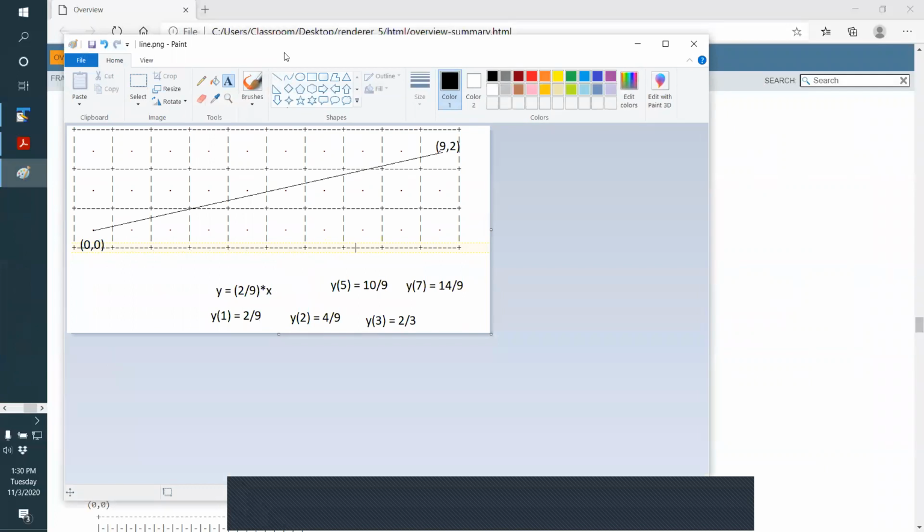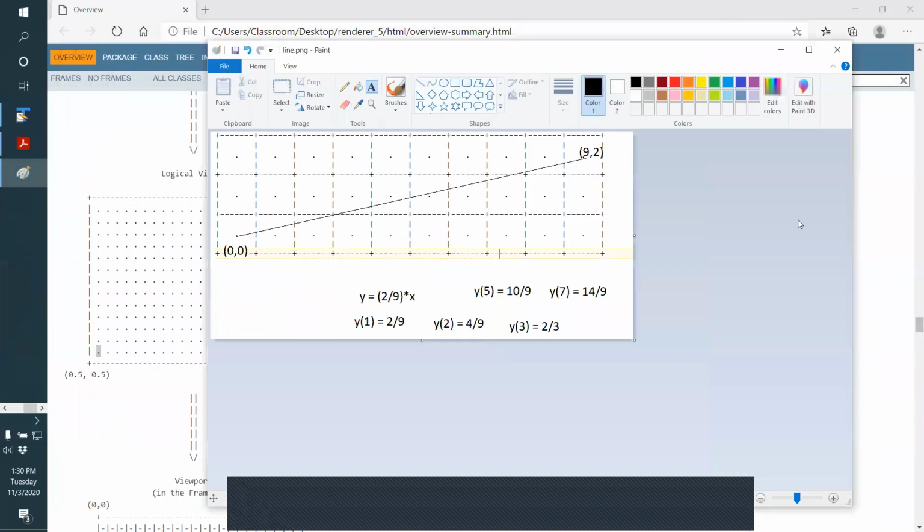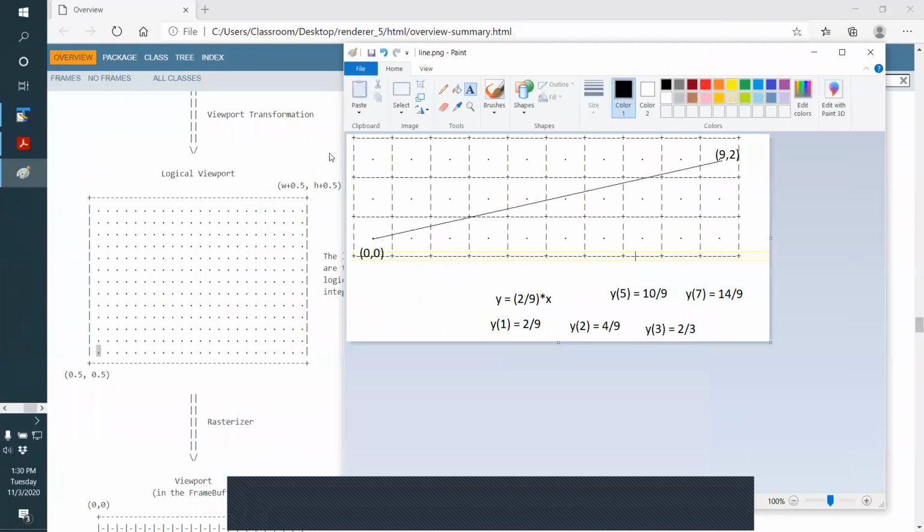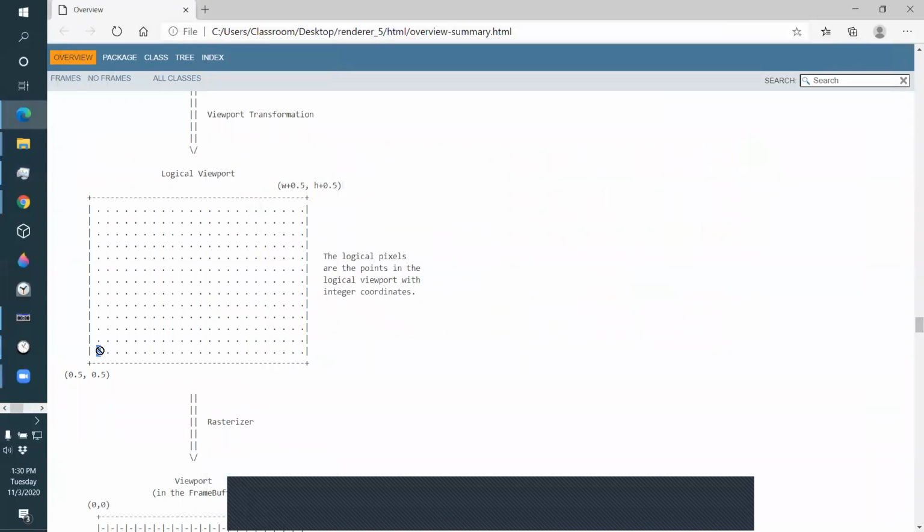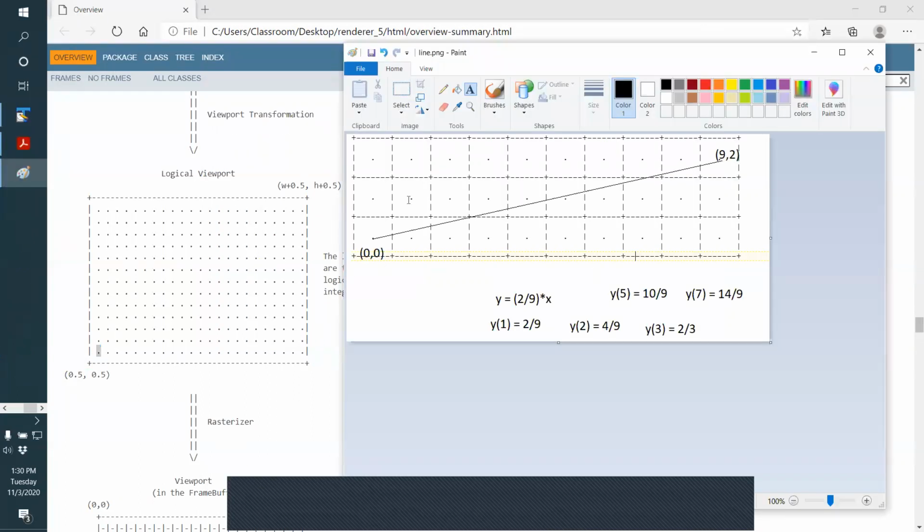See, there are no hardcore rules about how you should do this, and sometimes I forget exactly which choices I made. Over here, I made the lower left-hand corner 1, 1, because this is 0.5, 0.5, so it rounds up to 1, 1. So this should have all been redone with 1, 1 there and 10, 3 there. The way I've got it set up over here, this is 1, 1, 10, 3.